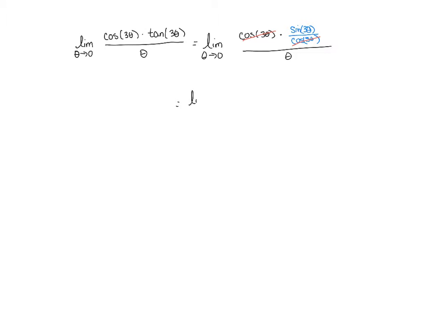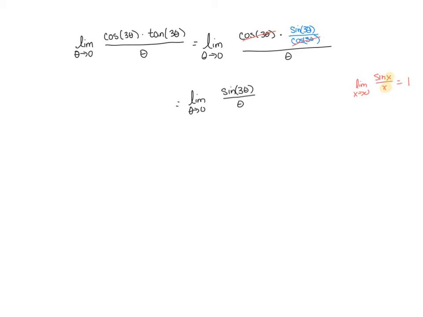So then we're really just looking at the limit as theta goes to 0 of sine of 3 theta over theta. Now remember that we have a limit as x goes to 0 of sine of x all over x, and we know that that's equal to 1. But these x's have to match up with each other.